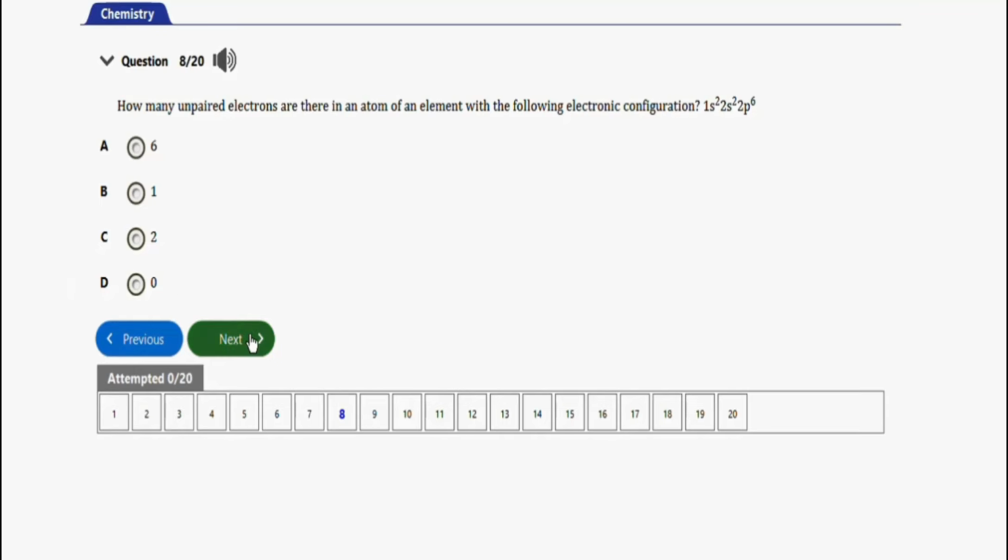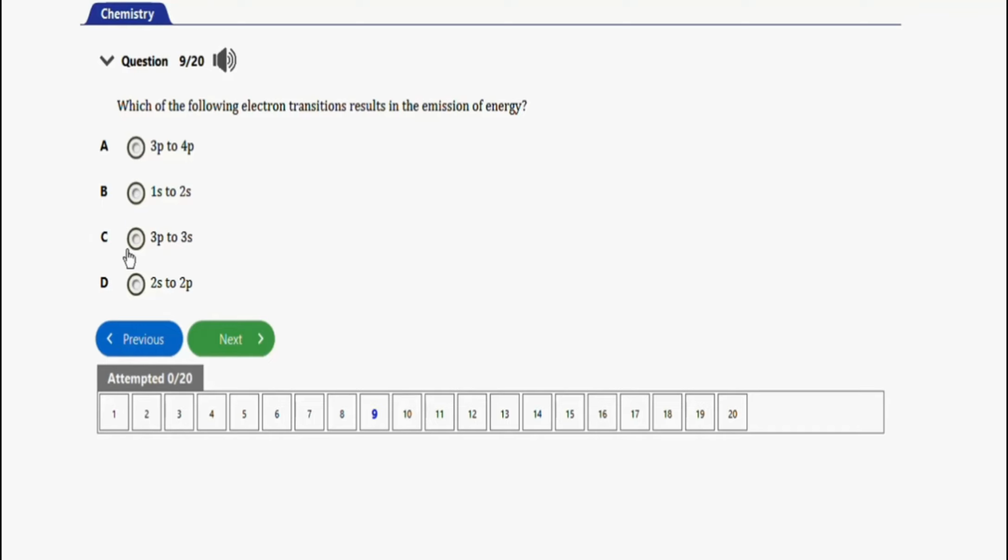The next repeated question, this one, says which of the following electron transitions results in the emission of energy? When you talk about the emission of energy, from the options we have here, the emission of energy will occur from the highest orbital to the lowest orbital.